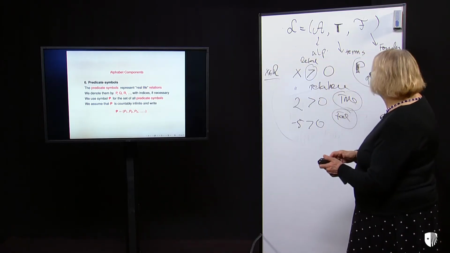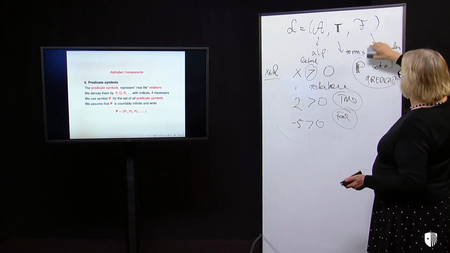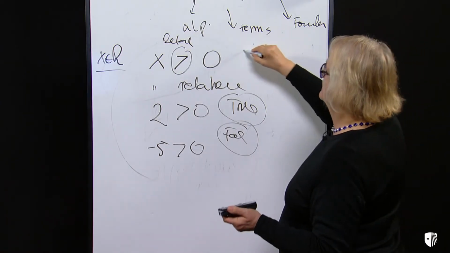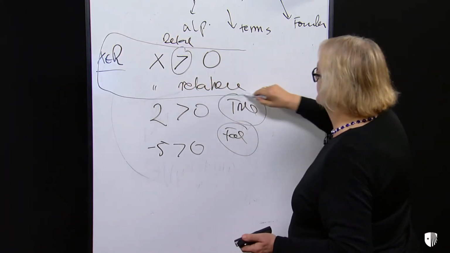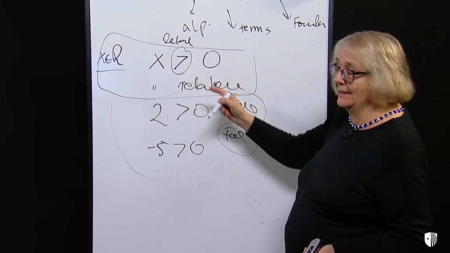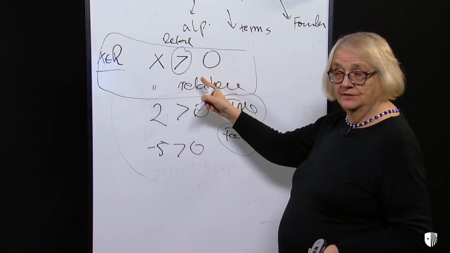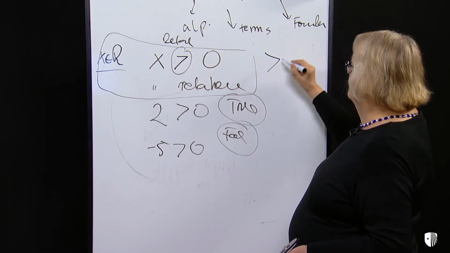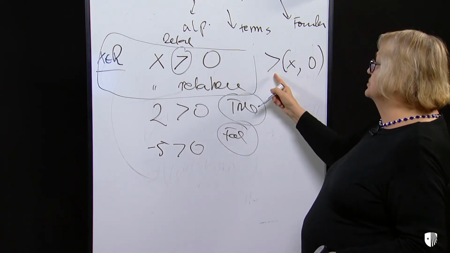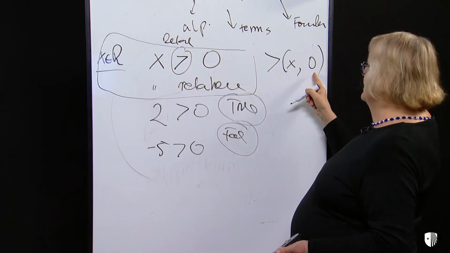But going back here, because that is an important part: this is my real statement in mathematics, right? A relation in mathematics, this is a two-argument relation, because it holds between a variable x and 0.